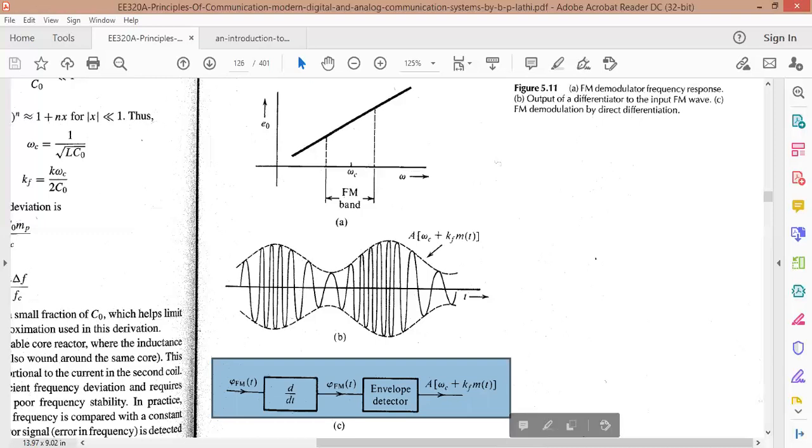Actually, differentiator, just think about it. What are we actually doing by using differentiation?